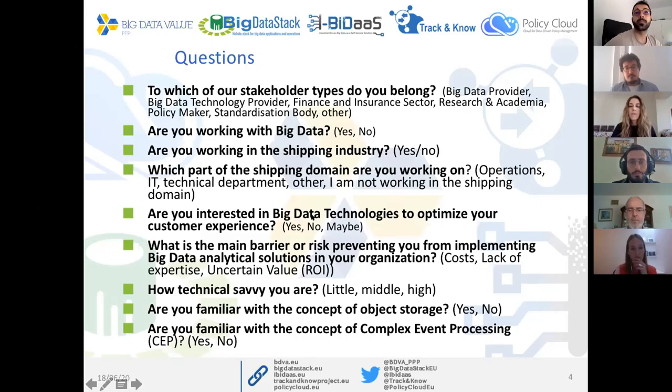As main barriers to the implementation of a big data analytical solution in their own organization, they see the shortage of expertise in the big data field, as well as uncertain value, so not a guaranteed return on investment. Quite a middle and high technically savvy audience as well. Half of the audience is familiar with the concept of object storage. Then 70% of them are familiar with the concept of complex event processing.